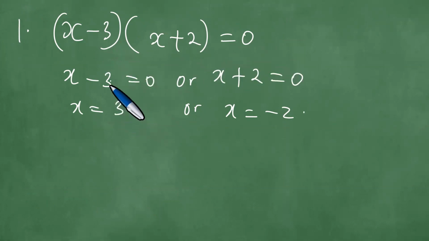Tando was able to realize that we have two solutions, x equals 3 or x equals minus 2, using the fact that if the product of two expressions, in this case two linear expressions, equals 0, it means x minus 3 equals 0 or x plus 2 equals 0. By transposing, x equals 3 or x equals minus 2.